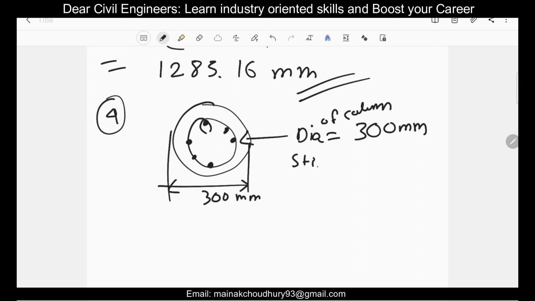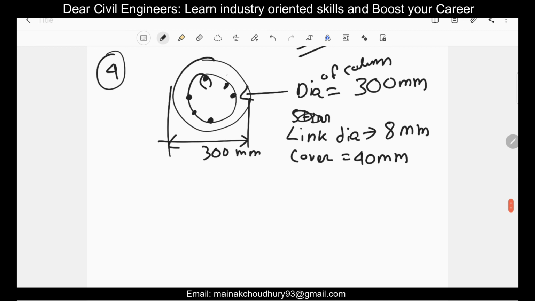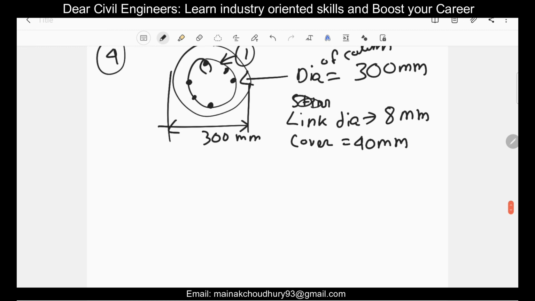And stirrup, or this is column, so there will be a tie, or link, it goes with both. Link dia, that is the tie or stirrup dia, is your 8 mm, and the cover is also 40 mm. So now let's calculate the length of this stirrup, let's give this stirrup name as 1. First of all, it's very simple how to calculate this.